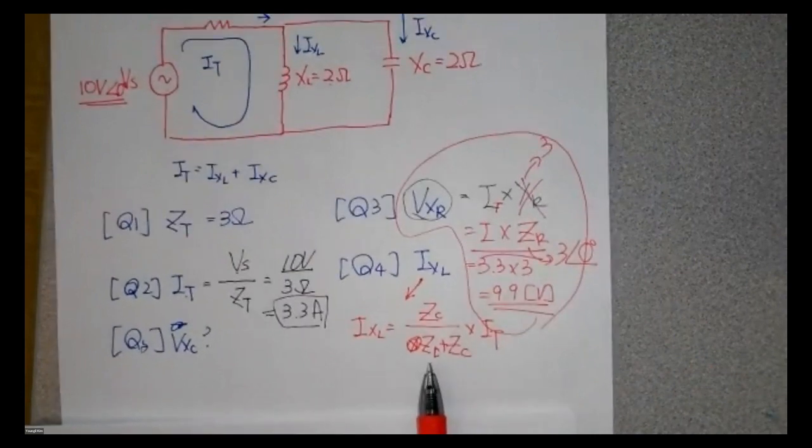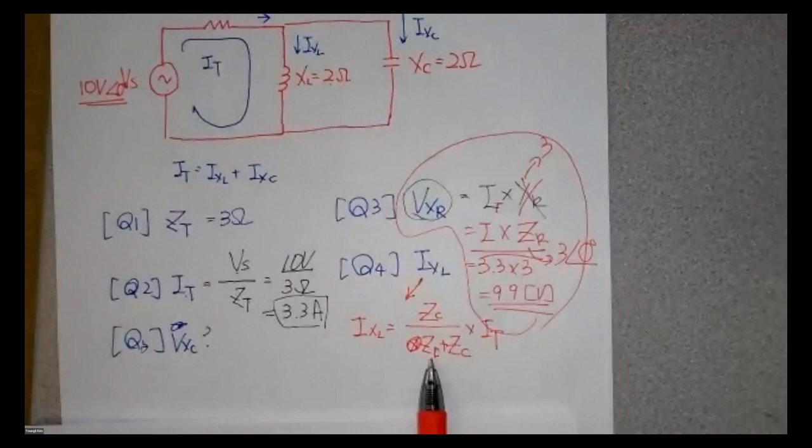Not X sub L. Not X sub L. You can use all of them, the Z sub L, Z sub C. Why? Because there is the AC circuit, not DC circuit. Okay. The impedance. Z is the impedance.